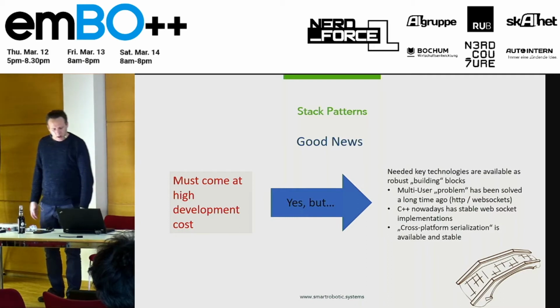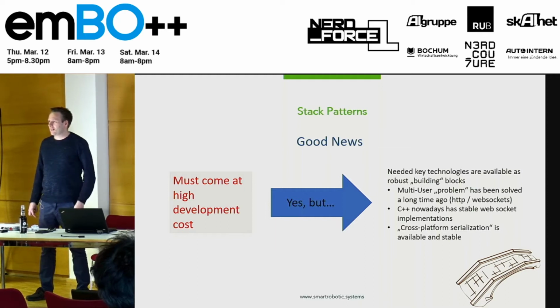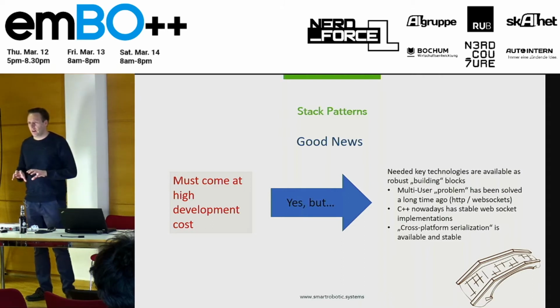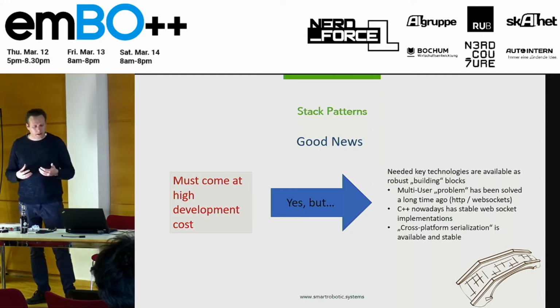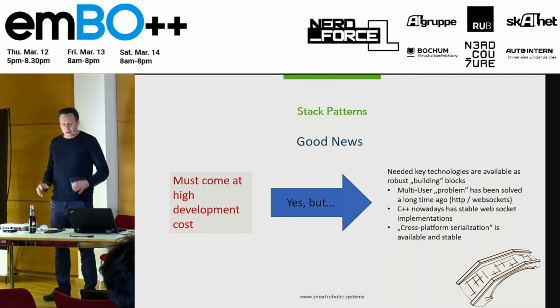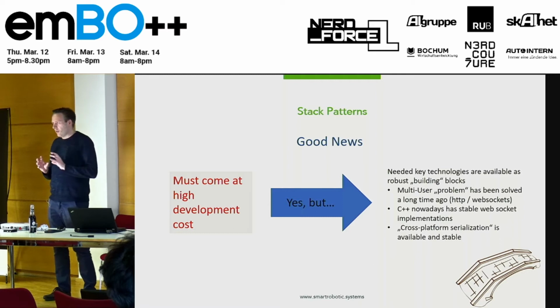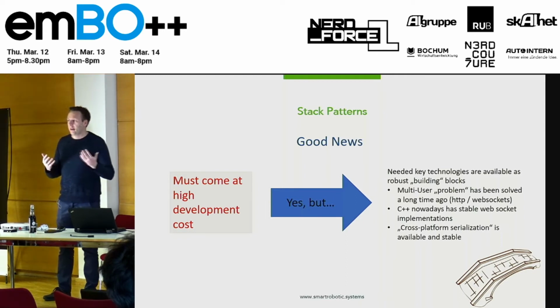But there's good news. We had an excellent lightning talk on Friday. We are standing on the shoulders of giants, and there's lots of technology that helps us to solve these issues and make it not much more complicated than one of the scenarios I showed earlier. The needed key technologies are already available and robustly available because they have been applied by, for example, the web community for, let's say, ages.